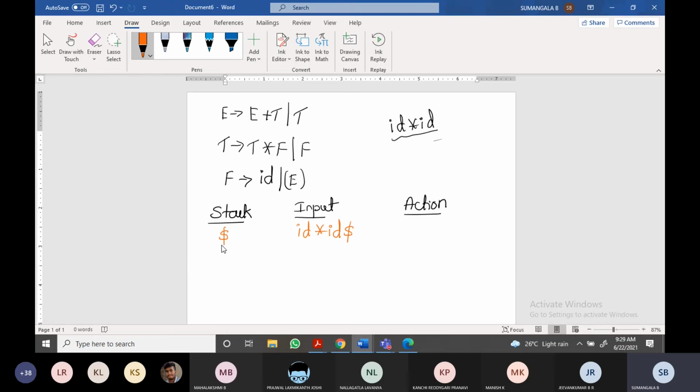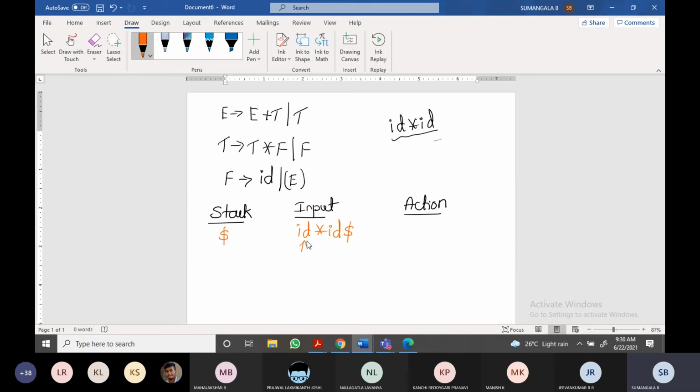You take the dollar symbol in the stack to indicate the empty stack, and at the same time the dollar symbol in the input buffer to indicate the end of the input string. In the action part you will mention what action you have done, shift or reduce or something like that. See, here now the input pointer is pointing to this ID.